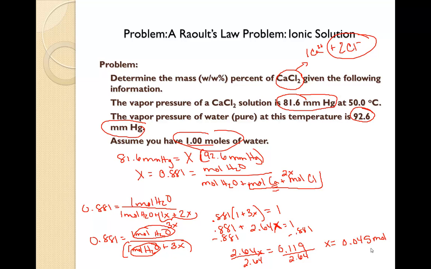So that means that 0.045 moles is if we had 0.045 moles of calcium and 0.090 moles of chlorine.